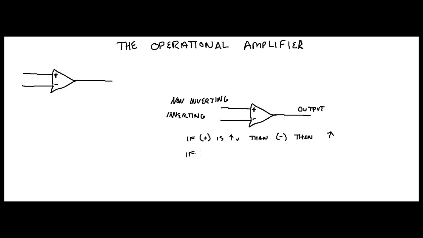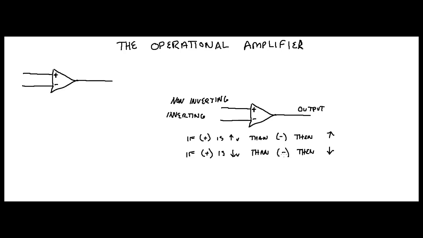If your non-inverting input has a lower voltage, I should say, than your inverting input, or your minus, then your output is going to saturate low.